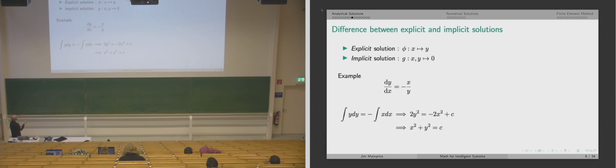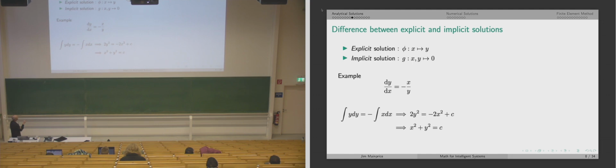So what did we do here? We took dx, put it on the other side, and took y and put it on this side. Then we have the dependent variable on this side and the independent on this side, and we take the integral of that.